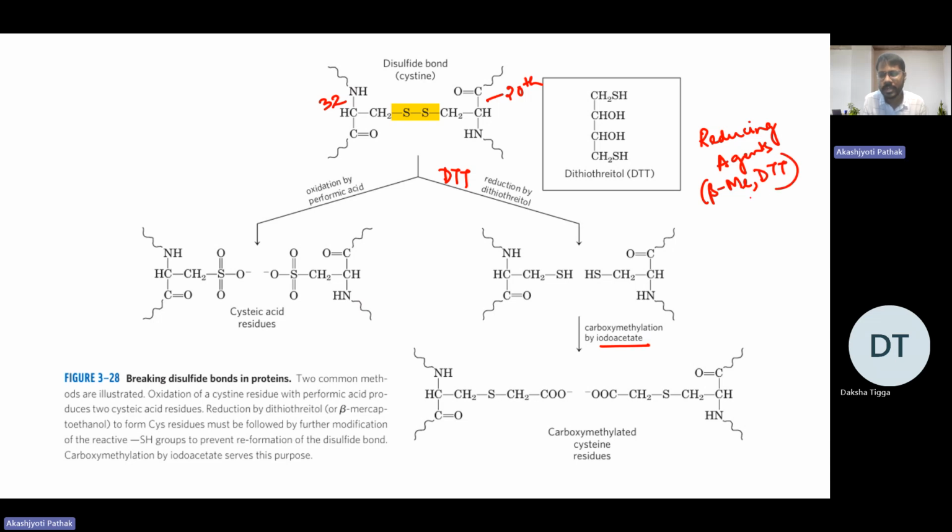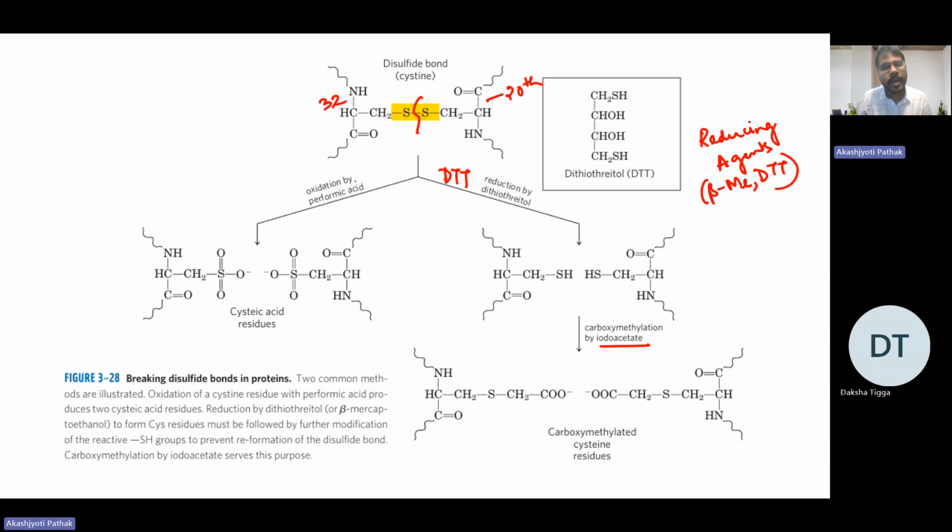When you treat the protein with these reducing agents, the reducing agent will add a hydrogen or proton to the sulfur atom, and as a result your disulfide bond will break. Now to ensure that there is no reformation of this disulfide bond, you treat it with iodoacetamide or iodoacetate, and this iodoacetate attaches a CH2COO minus group to the sulfur atom so that there is no reformation of the disulfide bond.